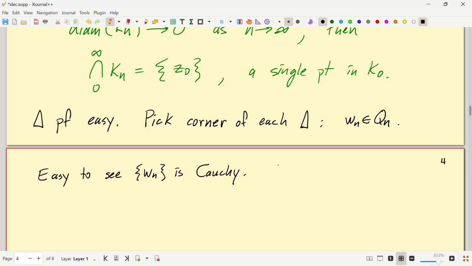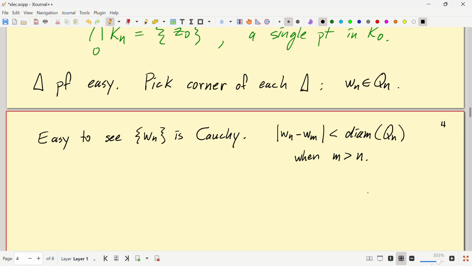Because the distance between W_n minus W_m is less than the diameter of Q sub n when m is bigger than n. So it's a Cauchy sequence, and we know that the complex numbers are complete, so the W_n converge to something.